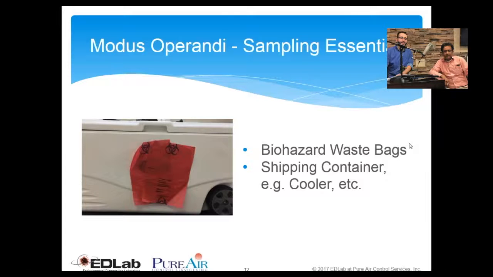So it becomes pretty heavy. I definitely encourage the sampler to carry a cooler or other good container that fits well with the collected samples, so that it can ship and prevent leaks during the shipping.